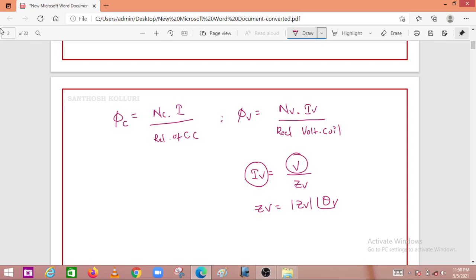That means the IV can be made lagging with respect to V or leading with respect to V by an angle theta by using the phase shifting network.